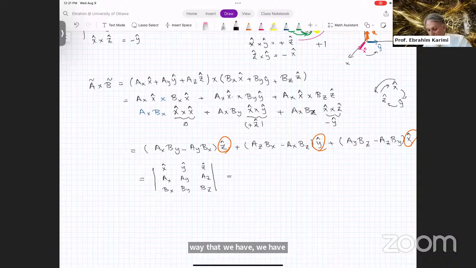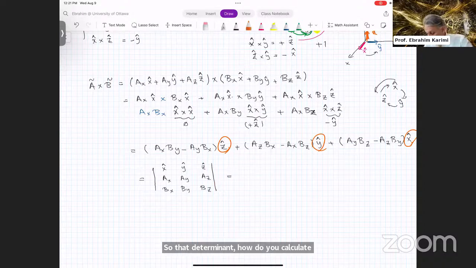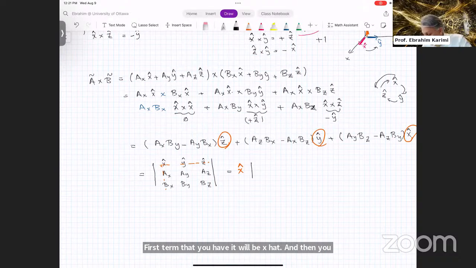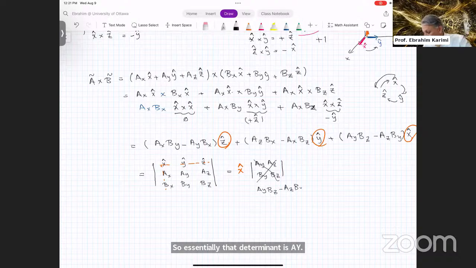So how do you calculate that determinant? For those people that may not know, the first term will be x hat, and then you have the determinant of ay, az, by, and bz. So essentially that determinant is ay bz minus az by.